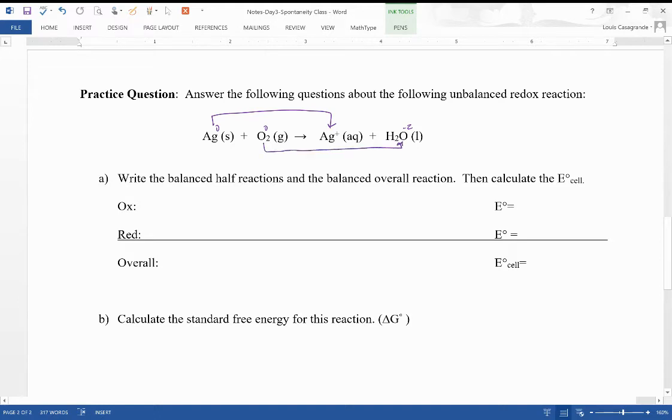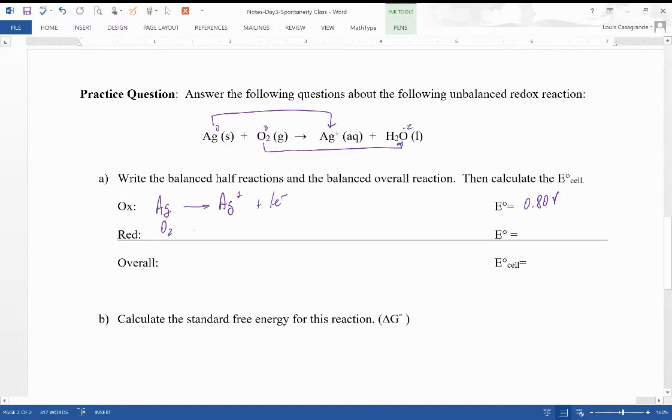And so the oxidation reaction has silver being oxidized to silver plus, and we need 1 electron for that. And the cell potential for this, if you look this up on the standard reduction potentials, is 0.80 volts.